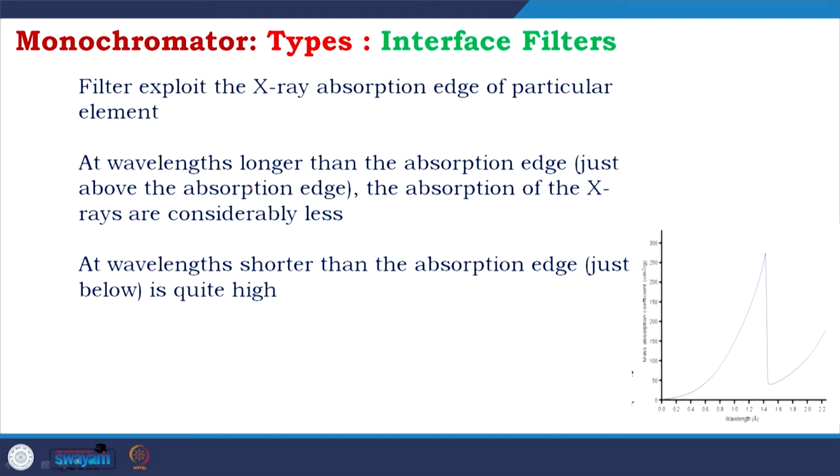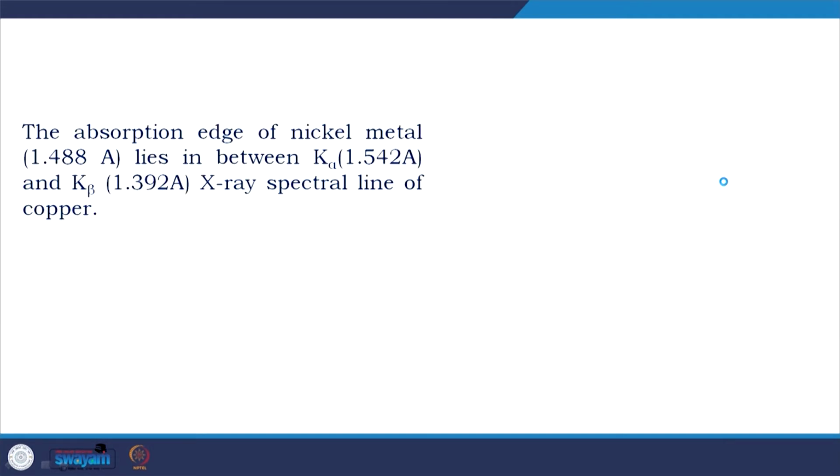So, this is the scenario of nickel. The absorption edge of nickel metal, which is 1.488 angstrom, lies in between K alpha, which is 1.542, we all know, and K beta, which is 1.392, the X-ray spectral lines of copper.